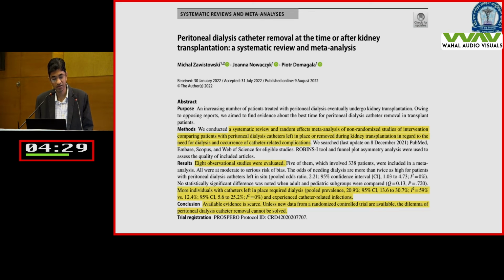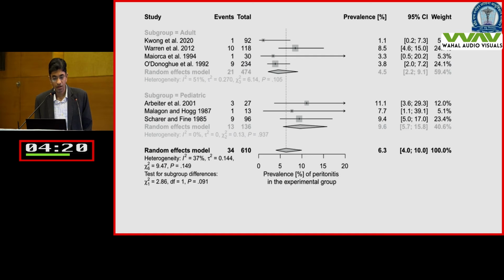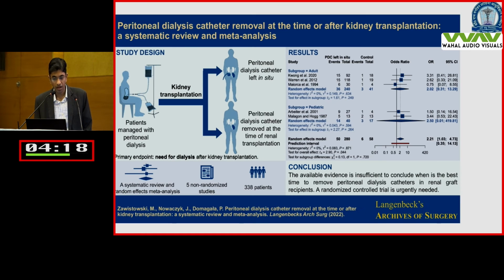They studied 2 factors: how many catheter-related infections there are, and the possibility of requiring dialysis based on whether the catheter is kept in situ or not. And they found that if the catheter was kept in situ, the likelihood of requiring dialysis post-transplant was almost twice as high compared to patients who had the catheter removed.